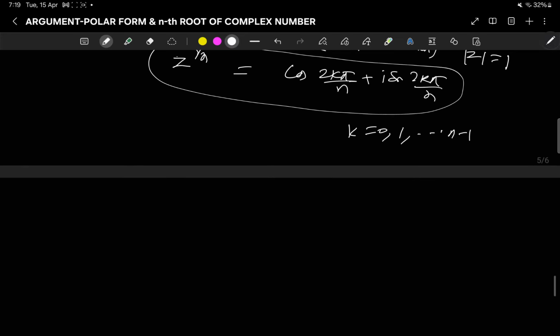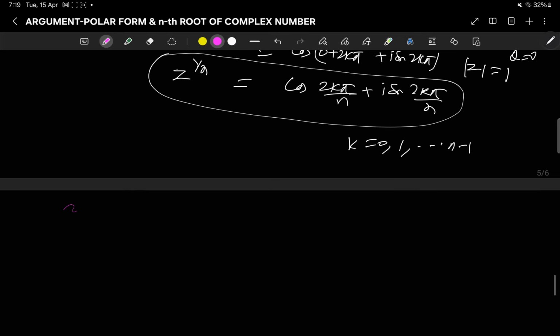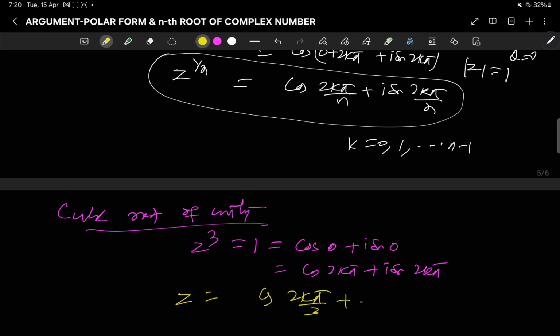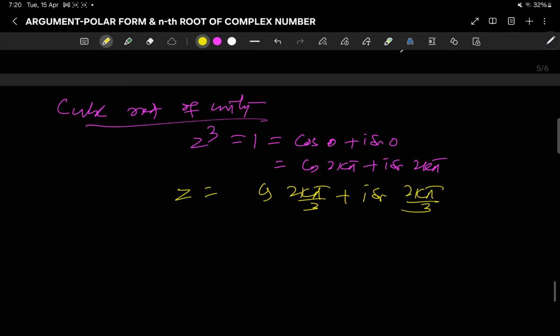In particular, if I find the cube root of unity, here z cube is equal to 1, which is cos 0 plus I sin 0, equal to cos 2k pi plus I sin 2k pi. So z is cos 2k pi by 3 plus I sin 2k pi by 3, where k is equal to 0, 1, 2.